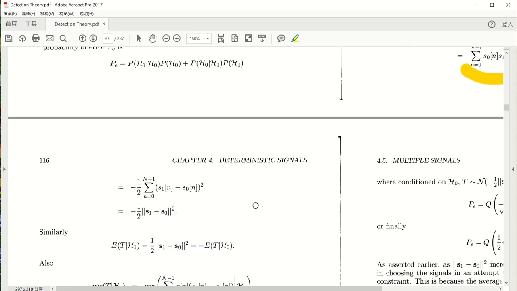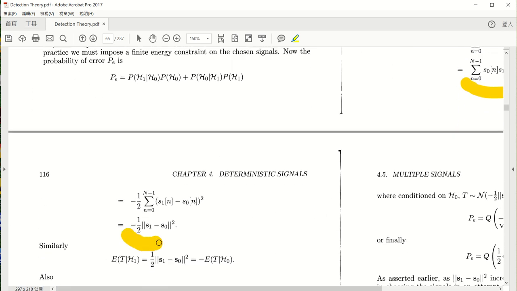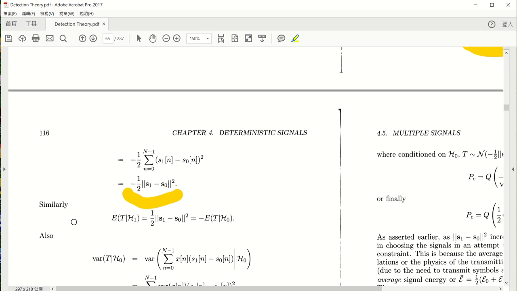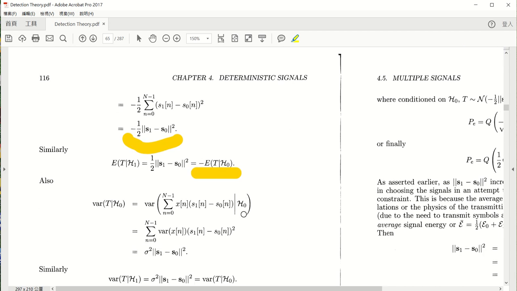Eventually it goes to minus 1/2 of the norm of S1 minus S0. Similarly, we can derive the expectation of T conditioned on H1.